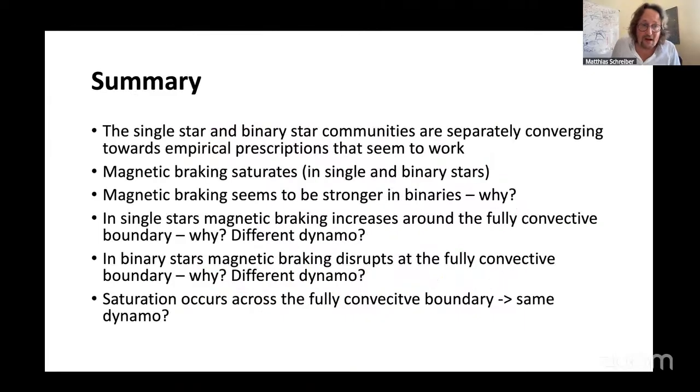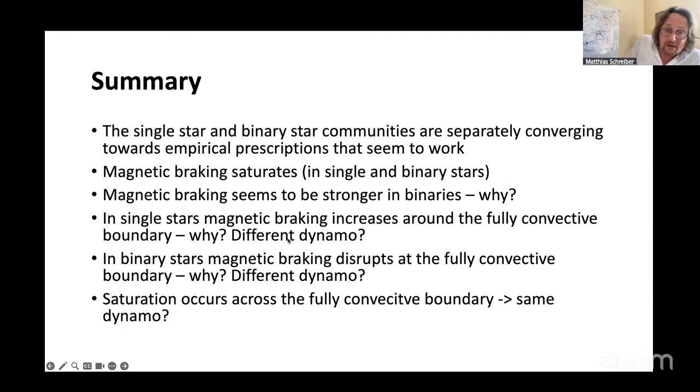So let me summarize. Single star and binary star people are separately converging towards empirical prescriptions that seem to work. We can do gyrochronology, we can explain features of period distributions in close binaries, and we also know that in both single and binary stars, magnetic braking saturates, so the dependence on period is changing. If you have really rapidly rotating stars, the braking doesn't increase further if you rotate faster, for really fast rotators.